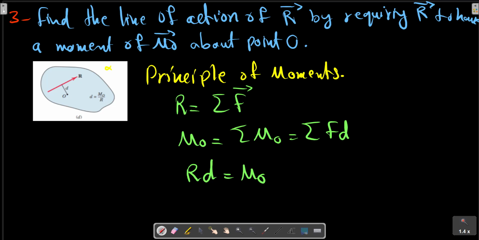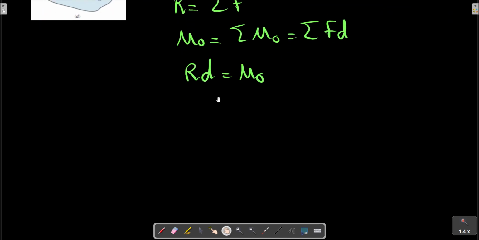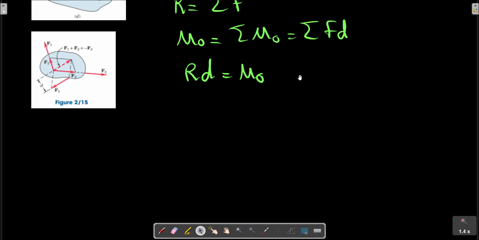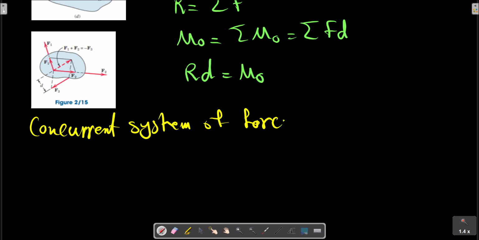For a concurrent system of forces, where the line of action of all forces passes through a common point O, the moment sum sigma MO about that point is zero, like for example this picture.